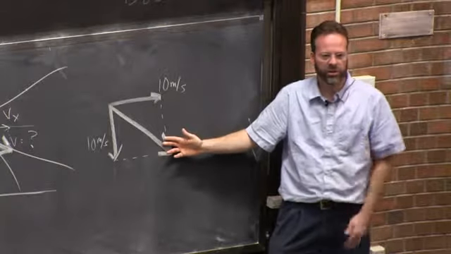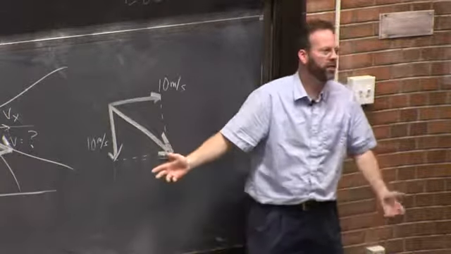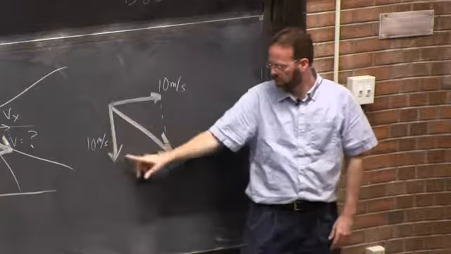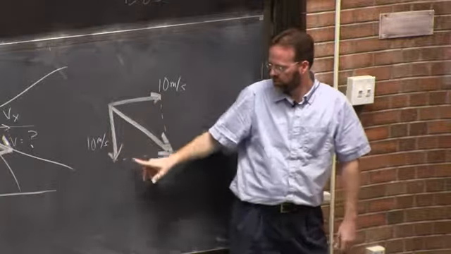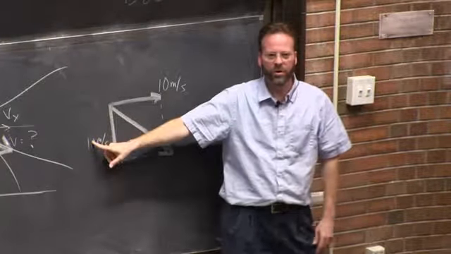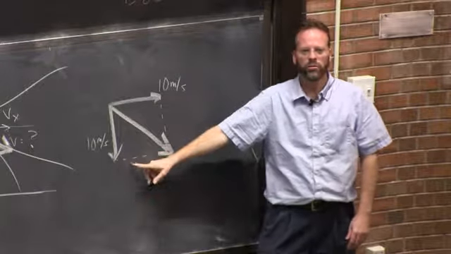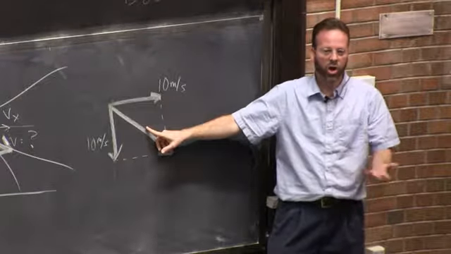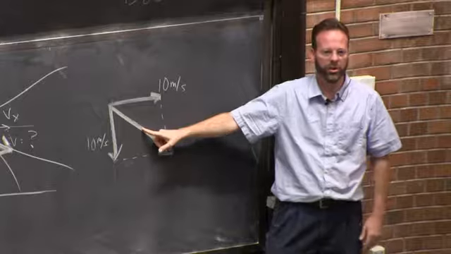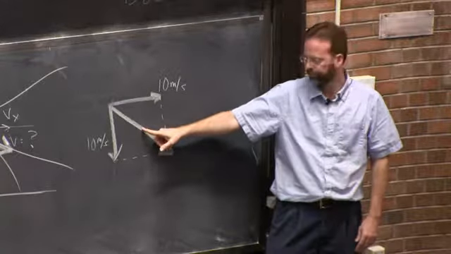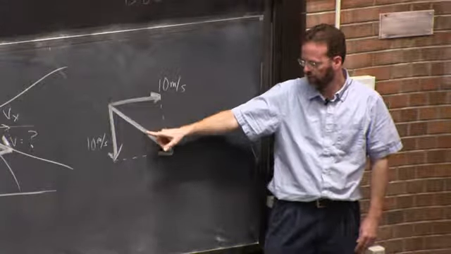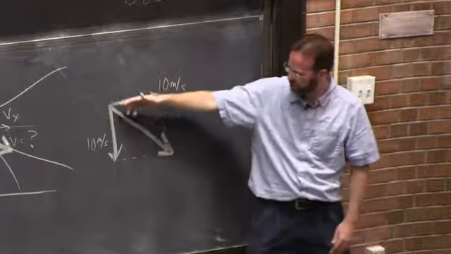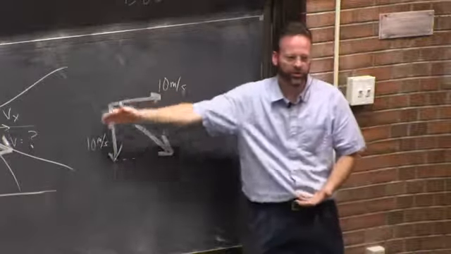That's why I was going to accept either. If you use the Pythagorean theorem for right triangles, 10 squared plus 10 squared equals the hypotenuse squared. If you solve that, you get 14 meters per second. But eyeballing it, by drawing a picture, it looks about 14-ish if drawn to scale.